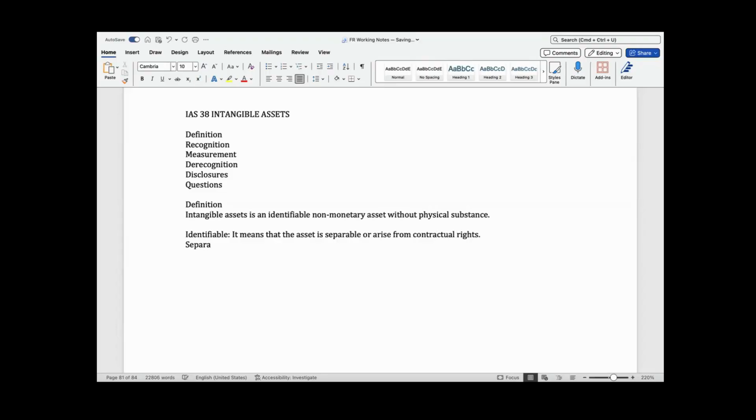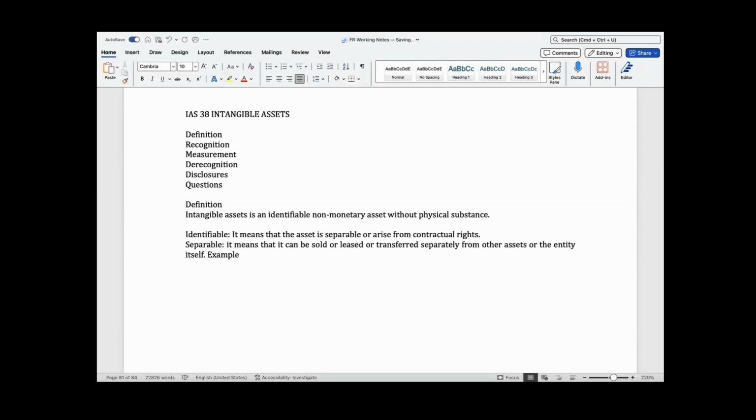And when we say separable, even from the word, it means that it can be separated, it can be sold or leased or transferred separately from other assets or the entity itself. So it can be sold separately. It's distinguishable. It's separate. That's what makes it separable.